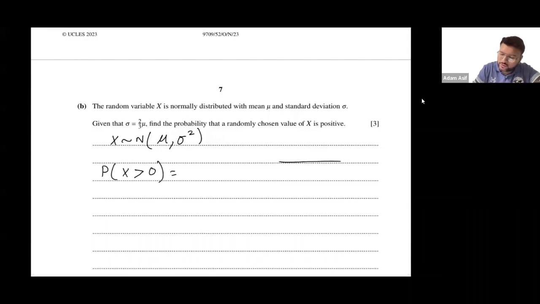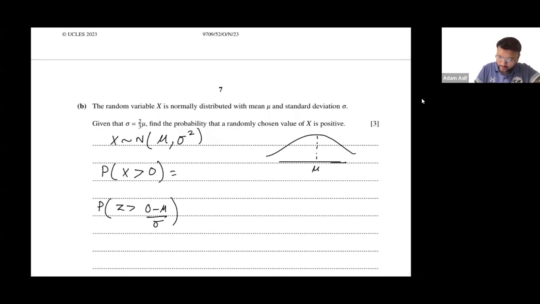Okay. So this is mu, and we want the value of x to be positive. So positive means greater than 0. So the z value for this is going to be 0 minus mu upon sigma.